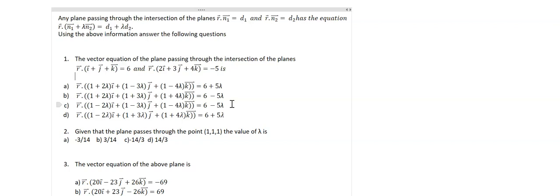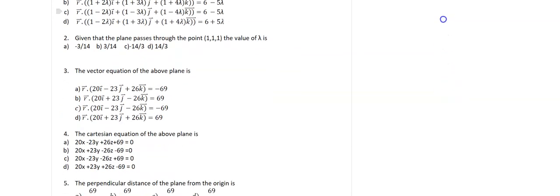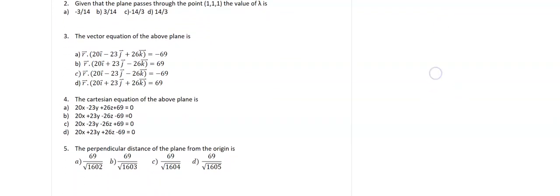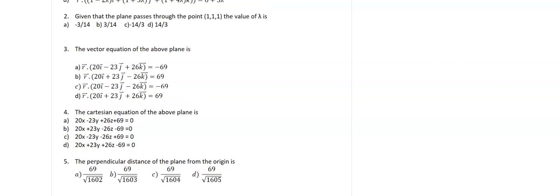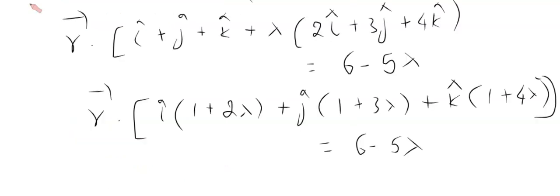Now coming to the second question. Given that the above plane passes through the point (1, 1, 1), the value of lambda is A: minus 3 by 14, B: 3 by 14, C: minus 4 by 3, D: 14 by 3. Now let us solve that.